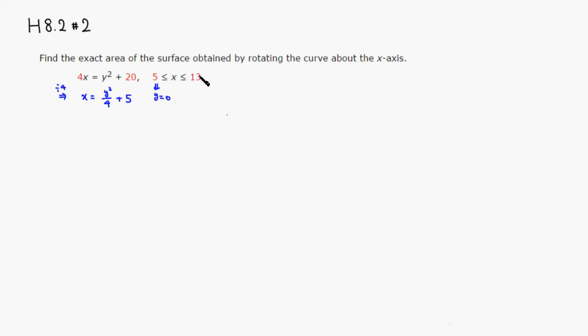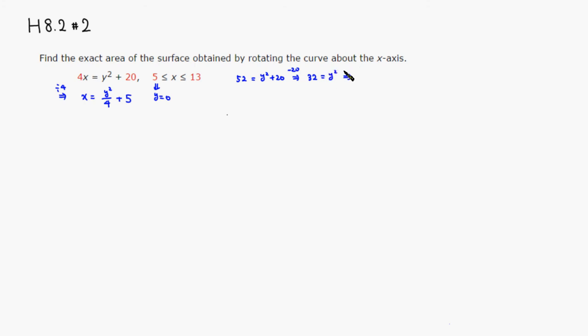If x is 13, 4 times 13 would be 52. So 52 is equal to y squared plus 20. We can just subtract 20 to get 32 equals y squared.